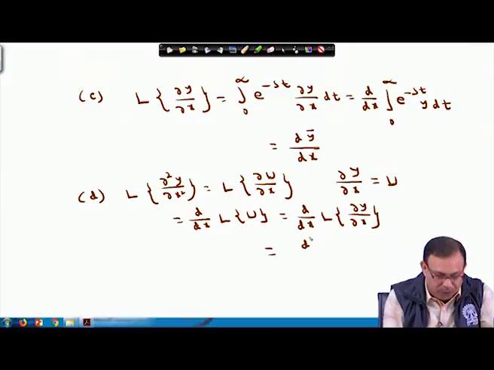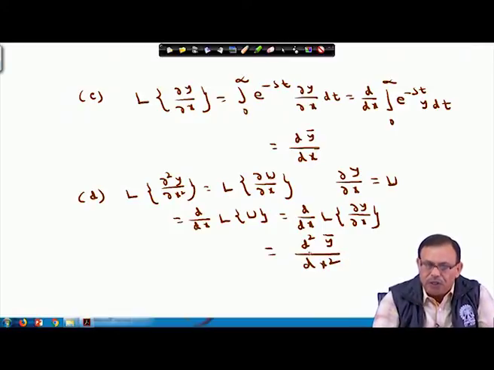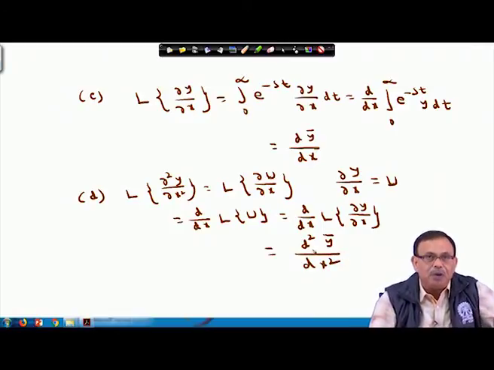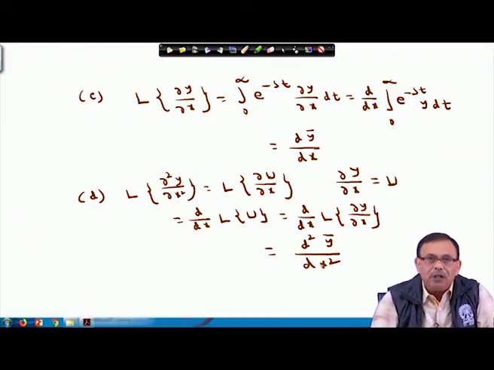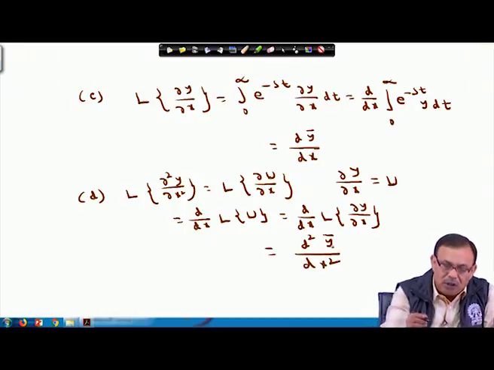So, using this, you can write d2 y bar dx square. So, Laplace transform of del 2 y del x square equals d2 y bar dx square. All these four will be required for us.